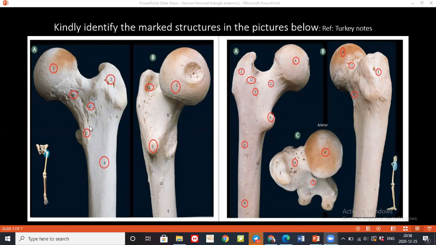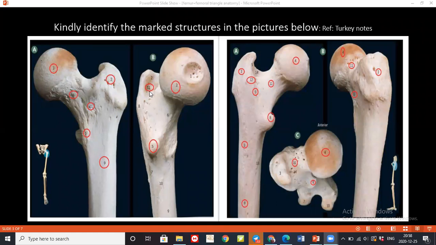Can you identify number 5 here? It's the lesser trochanter. Okay. What is 9? Is it the shaft of the femur? Good. Okay, we have identified 6. Can you identify 11 here? I don't know.